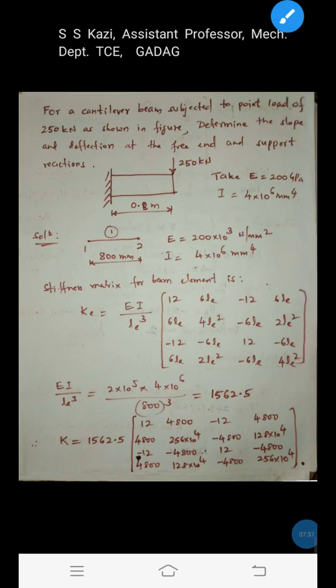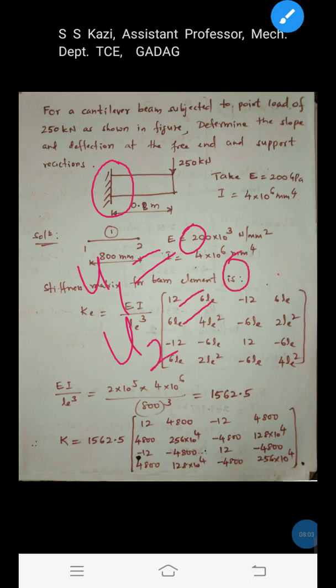Now we will apply the boundary condition. The boundary condition for this beam element given is, since node 1 has fixed support, this support will not allow node 1 to have deflection as well as to rotate. Hence deflection U1 is 0 at node 1 and rotation U2 at node 1 is also 0.